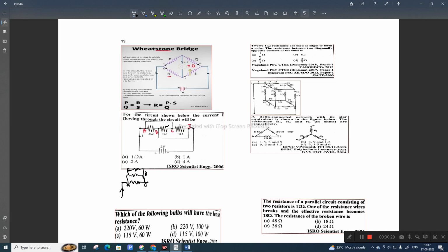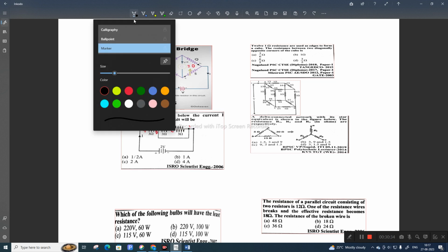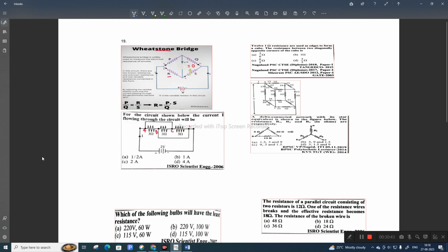Just a moment. The diagram is not clear. I will write some clear diagrams for you. A, B. Then the C is joined directly to A. This point is already there, and this C point is directly to A, and from C point one resistor comes to the D point.